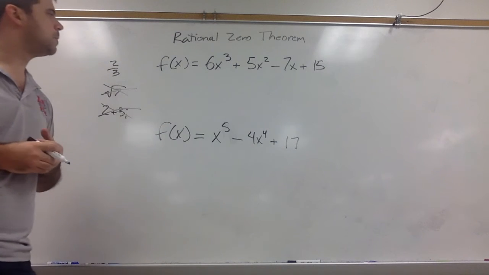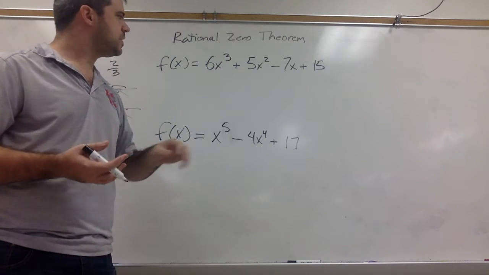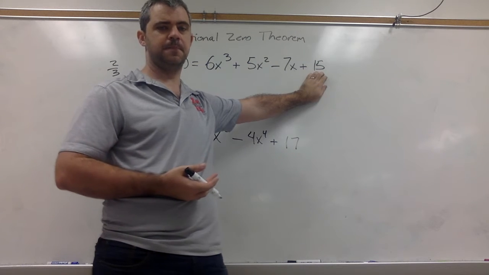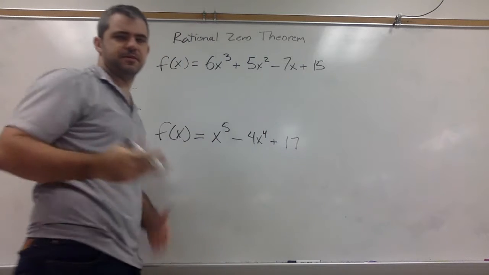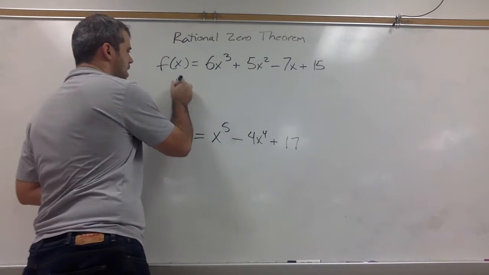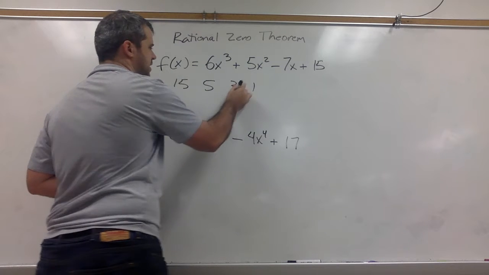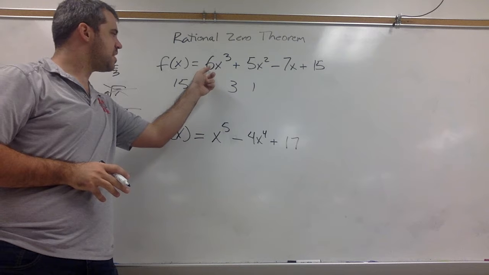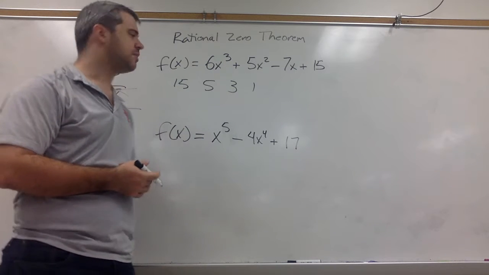Okay, so the way that we do this rational zero theorem is we take the constant value and we break it up into all of its factors. So 15 and 1, 5 and 3. And then we break the leading coefficient up into all of its factors.